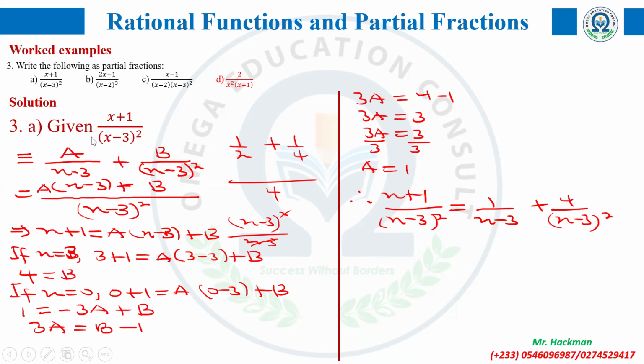Is my point well made? Again, you can see that this denominator contains only a linear repeated factor, no factor is attached. This one, you can see a linear repeated factor, but there's another factor attached. Can you see that? Yes, sir. So it means what I just said is not applicable to this. It's only applicable to a situation where there is no other factor standing with your repeated linear factor.